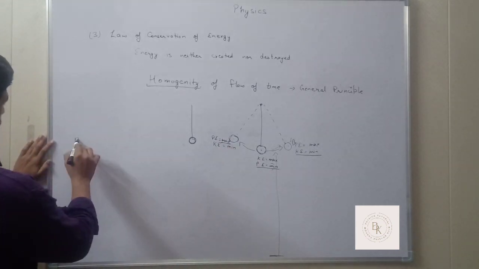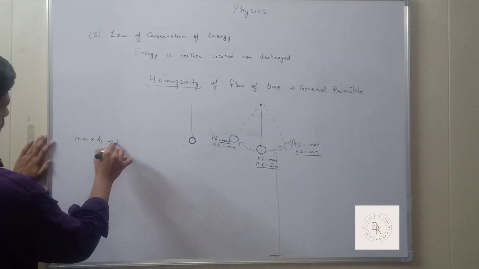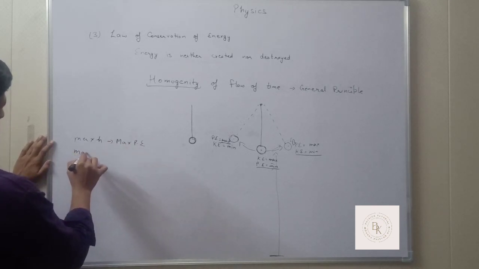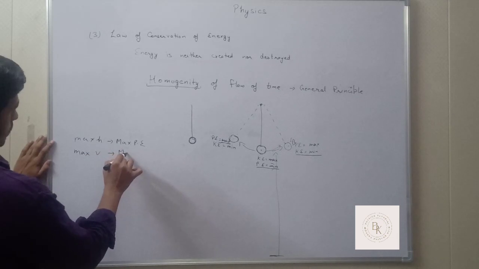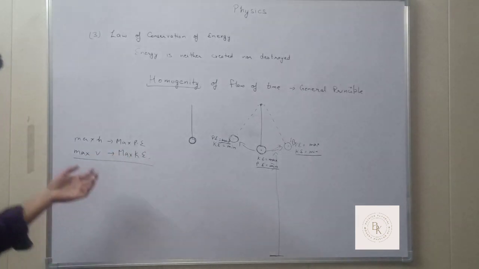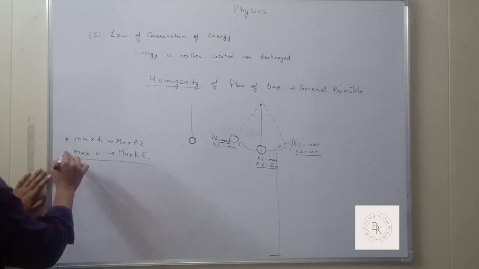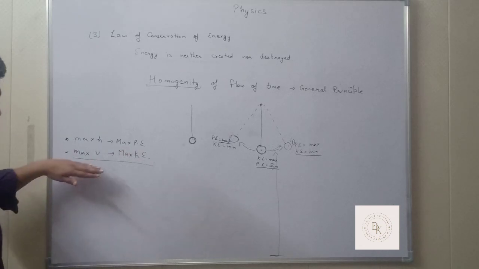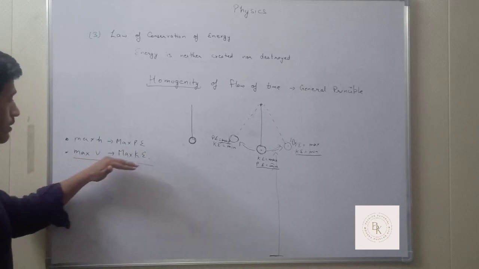So maximum height, maximum potential energy, and maximum velocity, so maximum kinetic energy. This is a simple law. Please write it down. If there is a maximum height, then maximum potential energy, and if this is the maximum velocity case, then there is maximum kinetic energy.